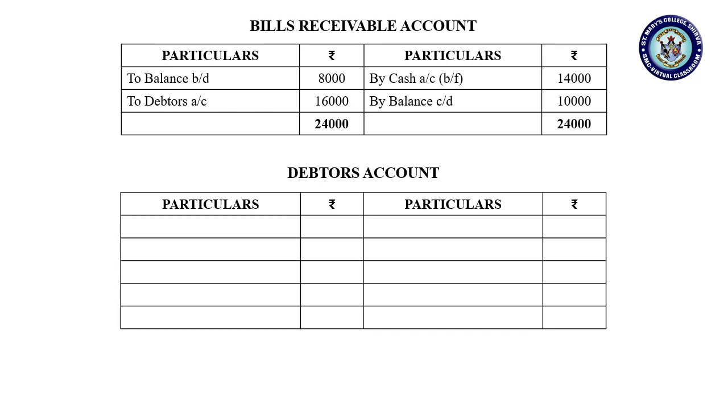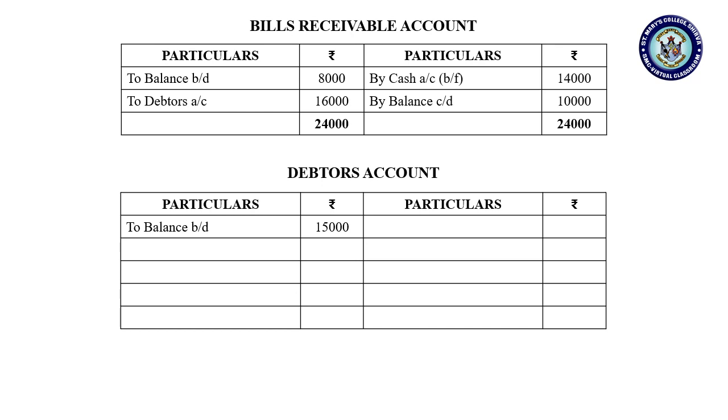So first you have to start with the opening balance. So opening debtor balance 15,000. So it is to balance brought down 15,000.